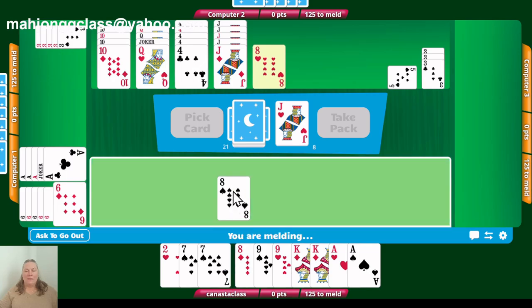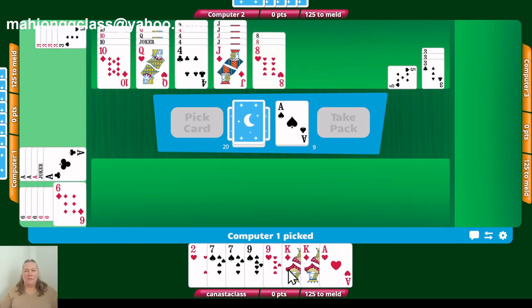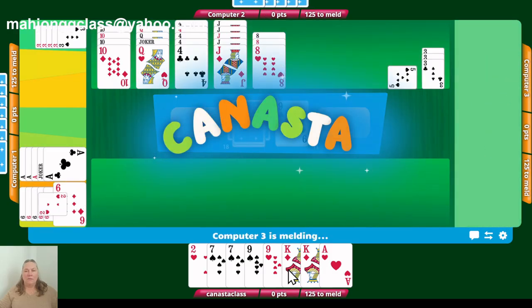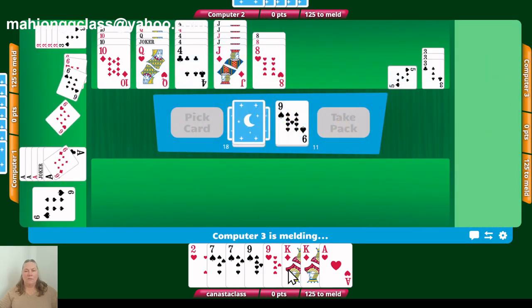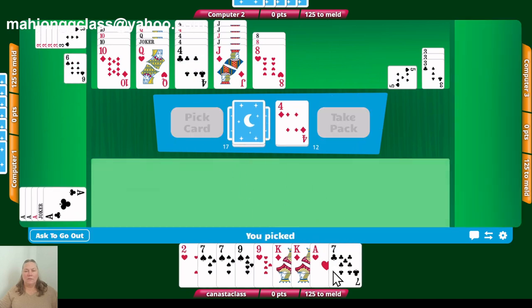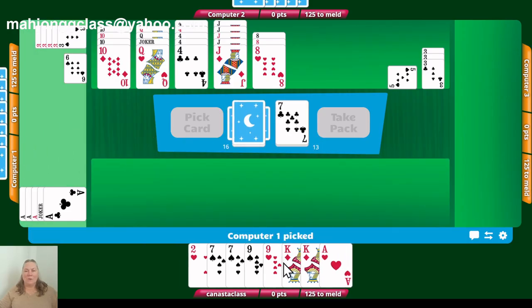I have 3 8s I can put up, and now let's get rid of those aces. Got another 7. I'm going to get rid of it. That's 1 7 in the discard pile.